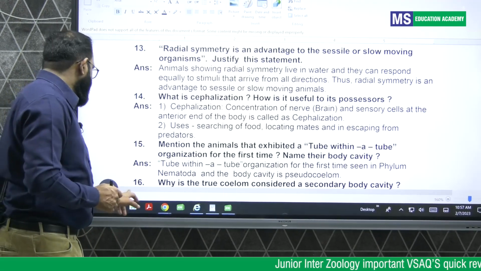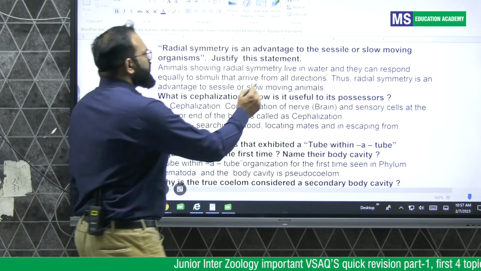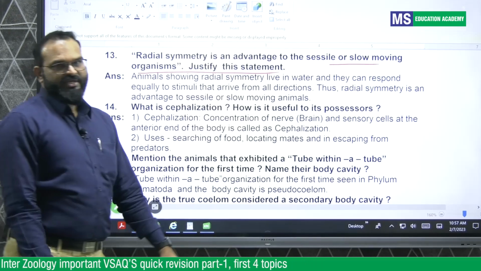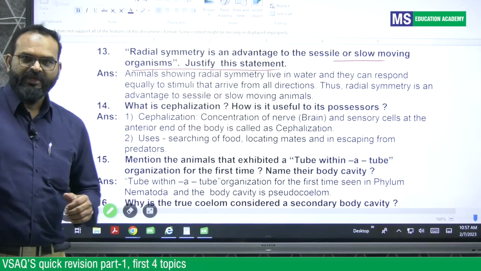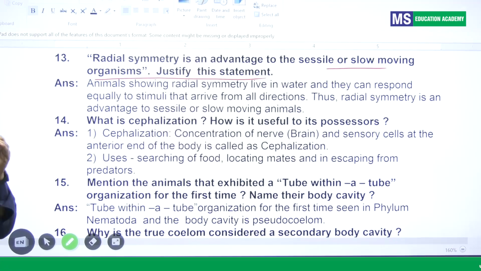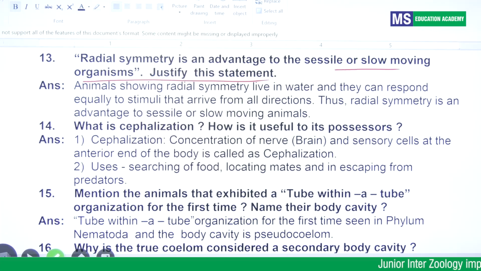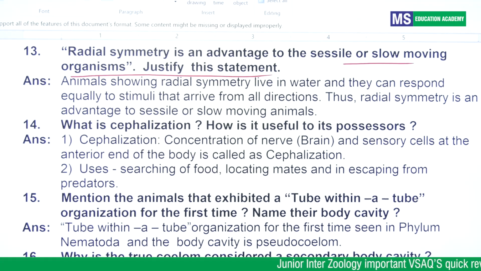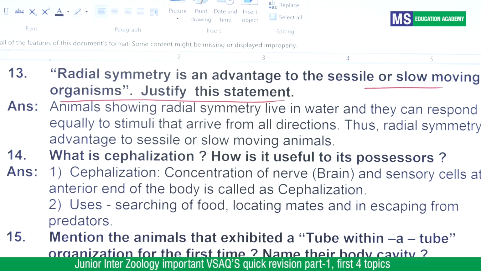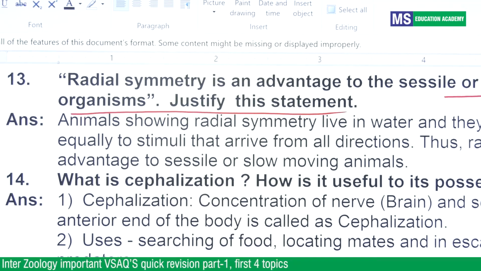Radial symmetry is advantageous to sessile or slow moving organisms. Justify this statement. So the meaning of this question is about animals which are exhibiting radial symmetry. See, mostly sedentary animals exhibit radial symmetry, for example Hydra.